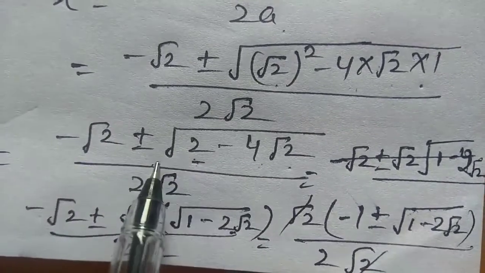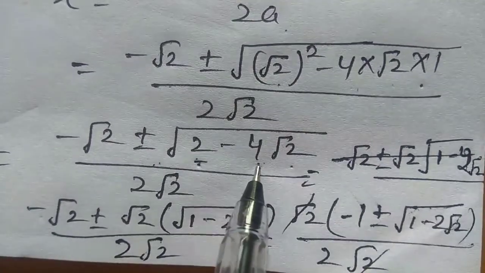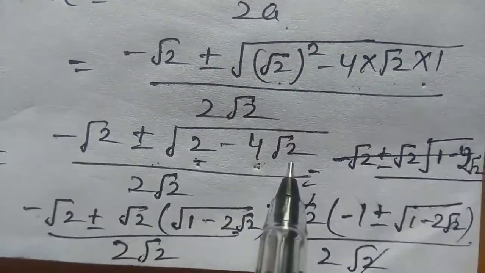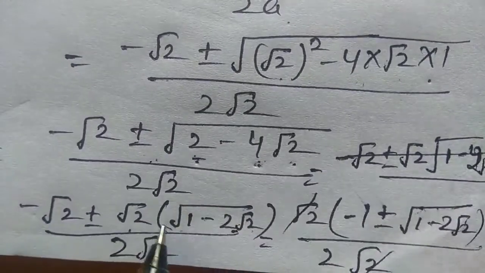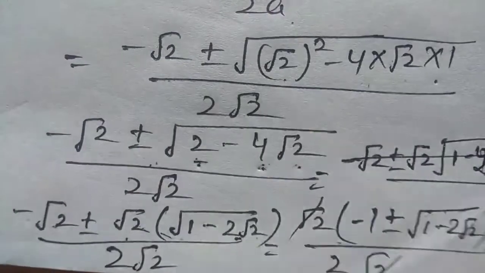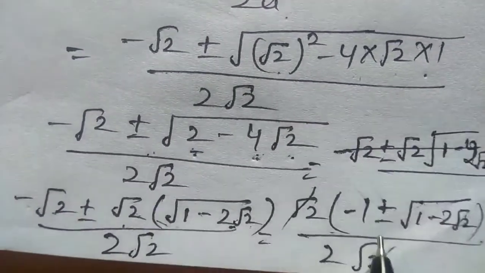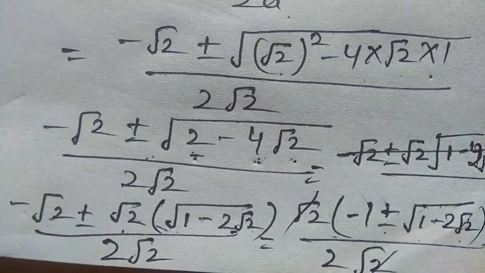Then it will be 1, and from the other term it will be 2 root 2. So root 2 common, 1 minus 2 root 2 inside. Root 2 cancels with root 2. What is the answer? Minus 1 plus minus 1 minus 2 root 2 upon 2.